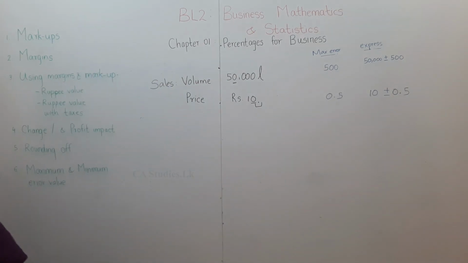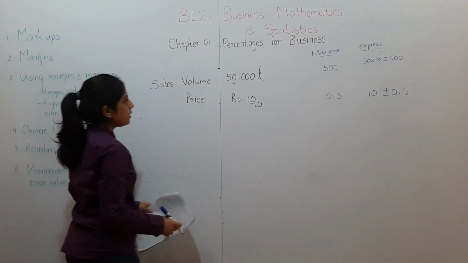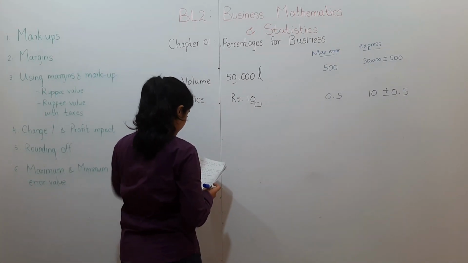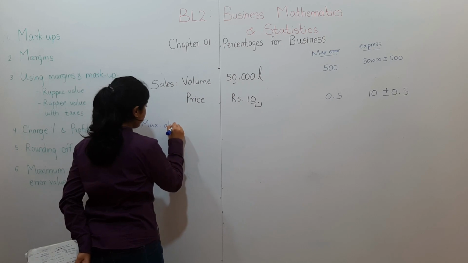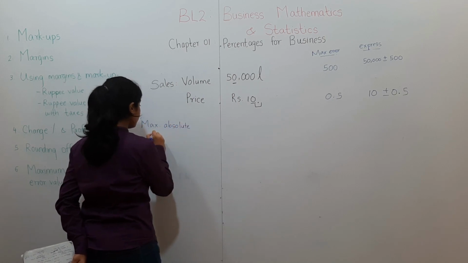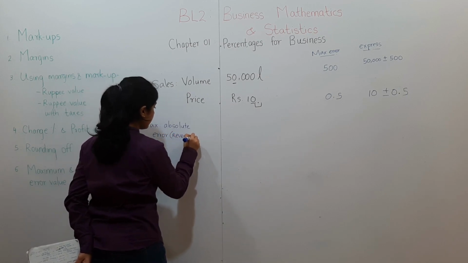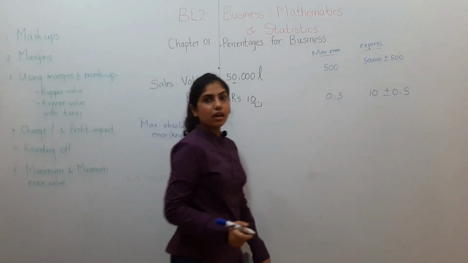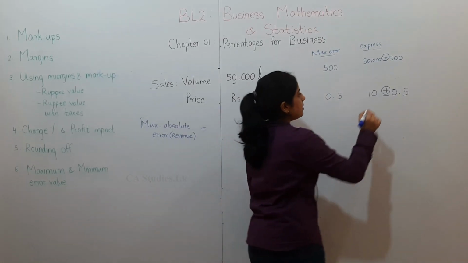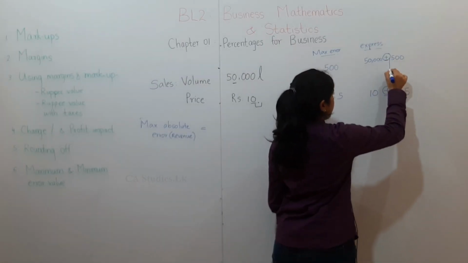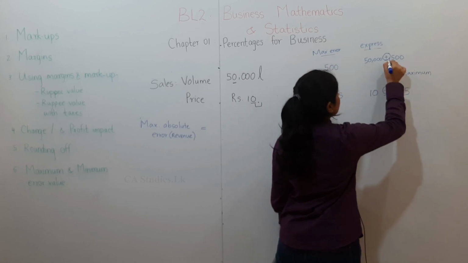Next, they asked to find the maximum absolute error for revenue. Now, I told you, maximums are the pluses. Minimums are the minuses.